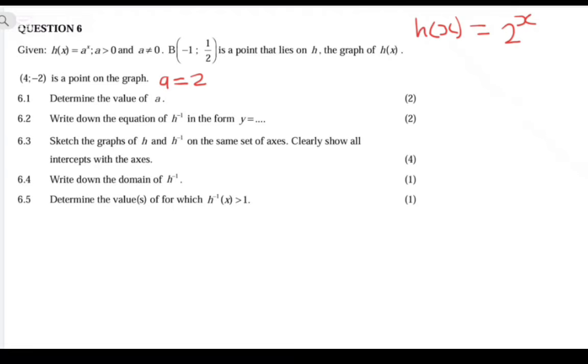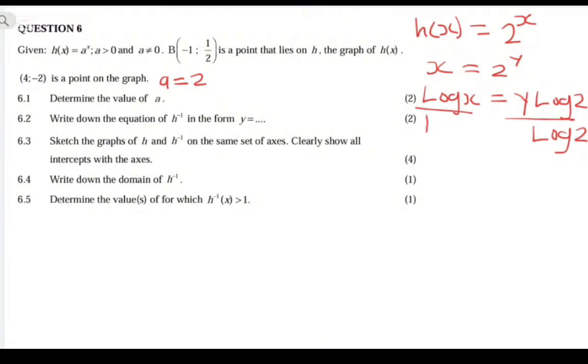To find the inverse, we're going to interchange the x and y. So we're going to put x here, and then 2 to the power y on the other side. The next thing that we're going to do is take log of both sides. So we're going to log x, and then we're going to just put this one down, y, and we'll log this 2. And we're going to divide both sides by log 2. I'm just detailing for those who don't understand the logs.